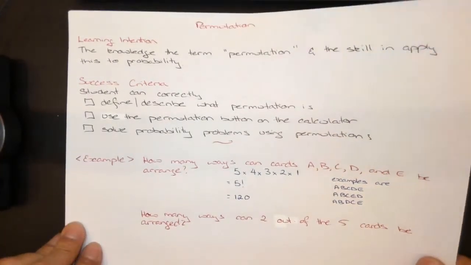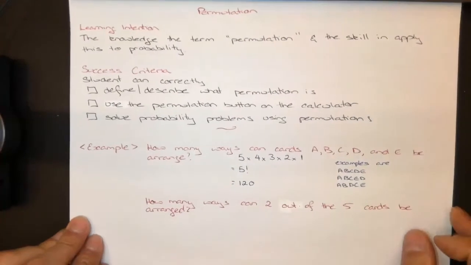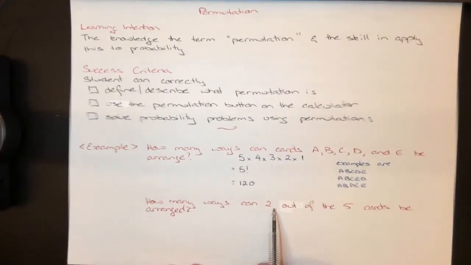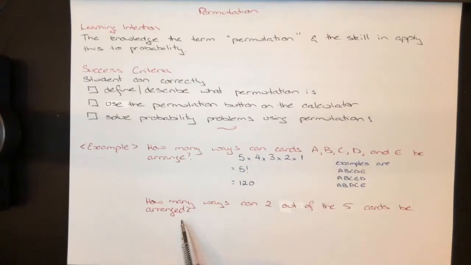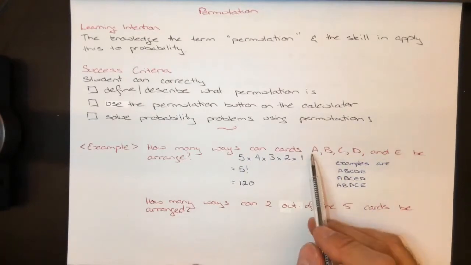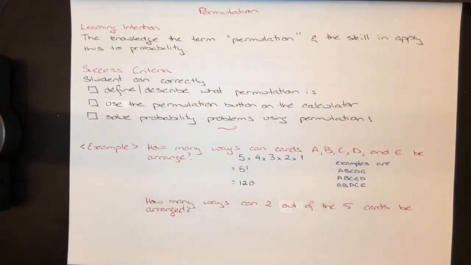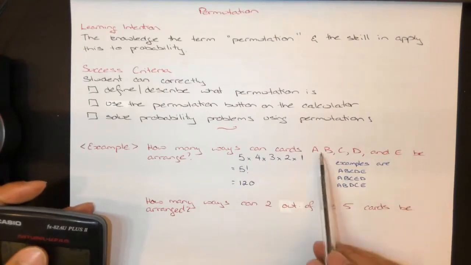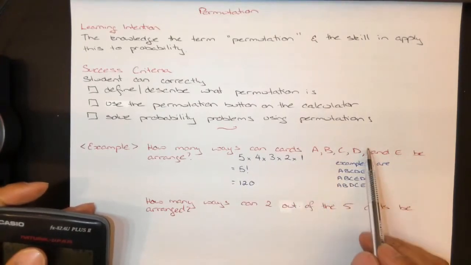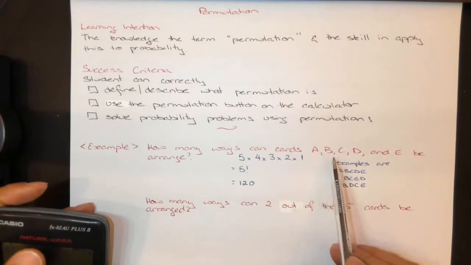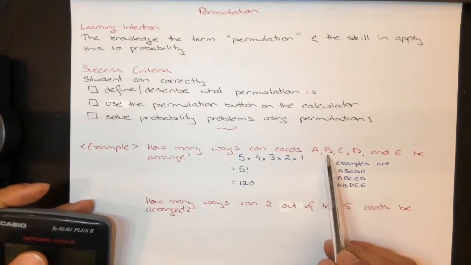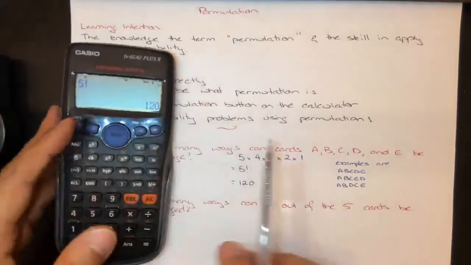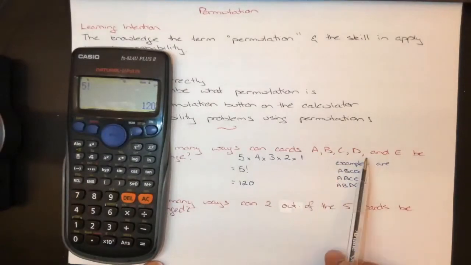What if I only wanted, how many ways can 2 out of the range? So I'm only having 2 of these. So we know that we have 120 examples of just that. But if I only want 2, then I've got to think that I can have AB, I can have AC, I can have AD.